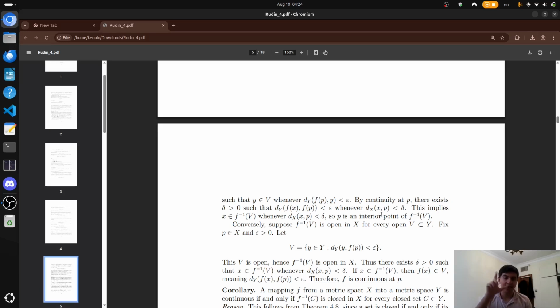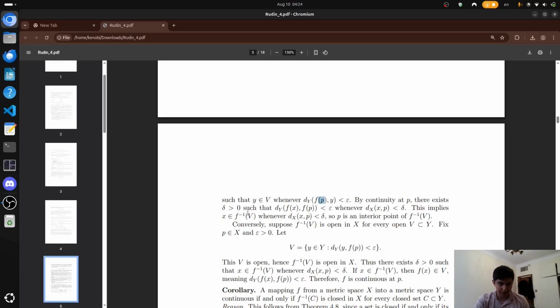When you take the inverse of a function, what you're doing is taking the point and flipping its x coordinates with the y coordinates. So if you have a point (a, b), it's going to become a point (b, a), right? And basically, the distance between them is the same. Here we have d_Y(f(p), y). f of p is a, y is b. y is f of x, right? Here, this is (b, a). See, the order is flipped.